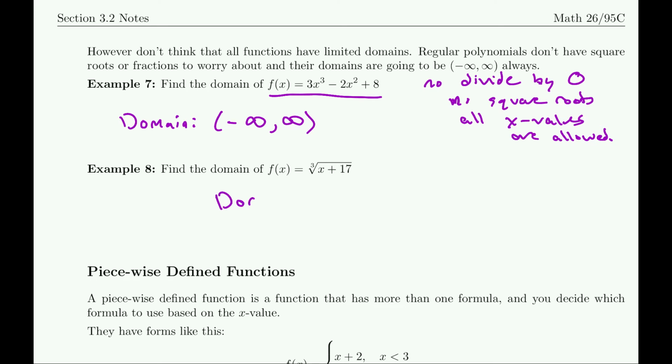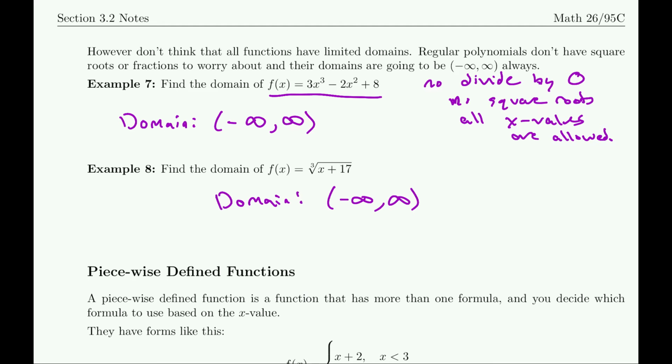So this domain is also -infinity to infinity. So when all you have is polynomials like this, or if you have a cube root, then there are no issues to deal with. And so you just list negative infinity to infinity to indicate that every x value is allowed there.